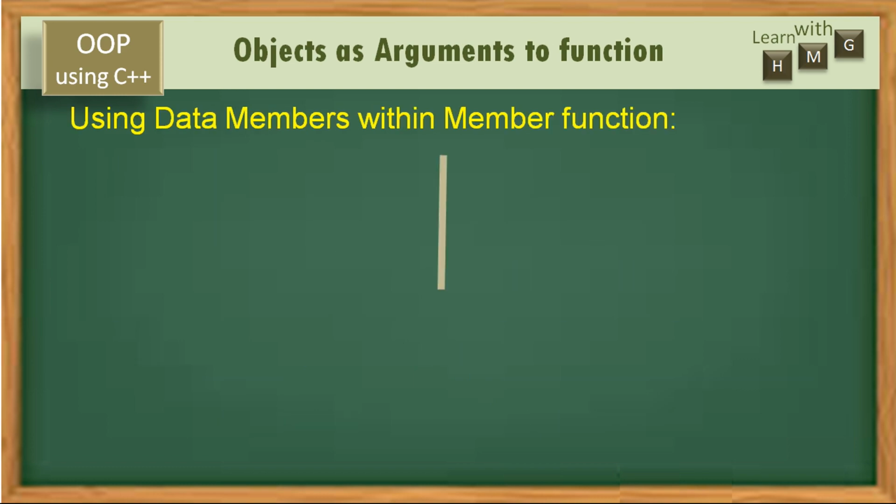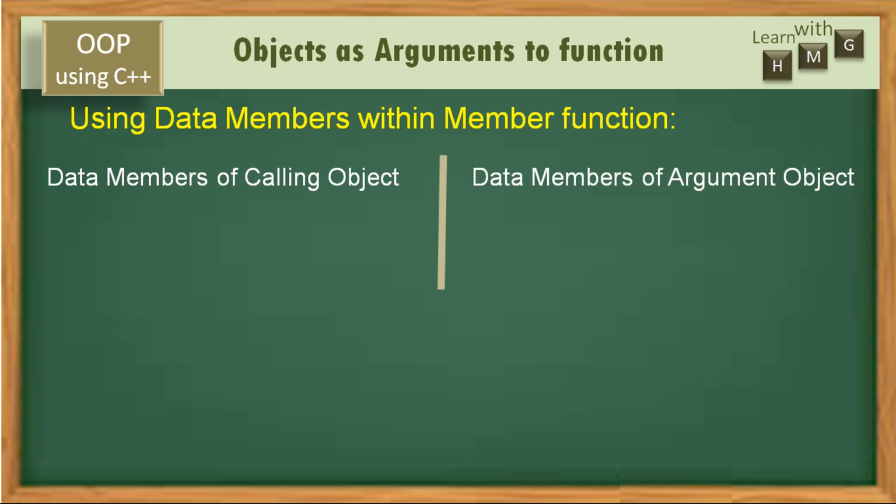Now, how to use data members within the member function? Whenever you are writing any member function in which you are passing the object by value or by reference, how to use data members in the body of such a member function? Let us see. The data members of the calling object. Whenever you want to use the data members, there are two objects involved: one is the calling object and another is the argument object.